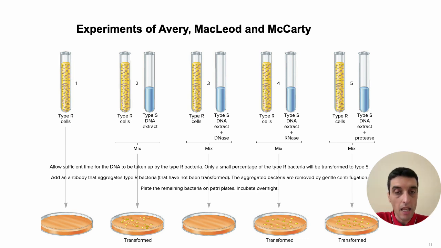So in the end, they proved that DNA was that chemical McHugh was studying, and that chemical is very important because it has genetic information to transform a rough pneumococcus into a smooth pneumococcus. There is information in there to make that happen.